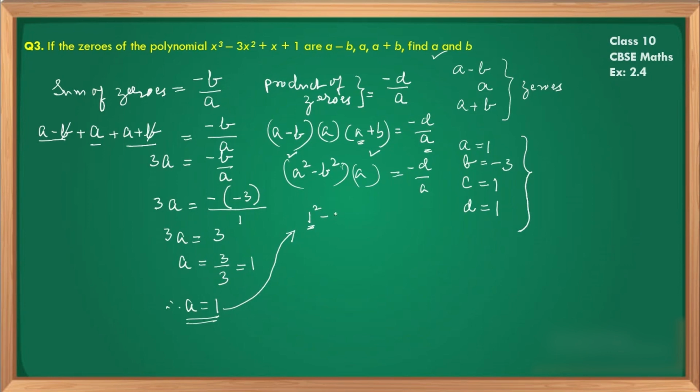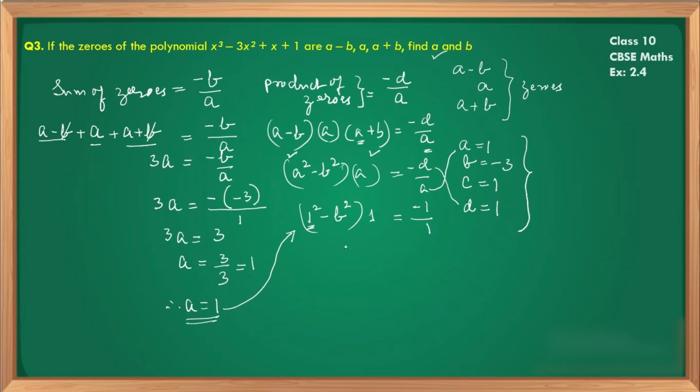We don't know b square, we know only a, we put b square as it is into this a, that is again 1, is equal to minus d. Now we go for this d, that is 1 minus 1 by a. We are talking about this a, that is 1.